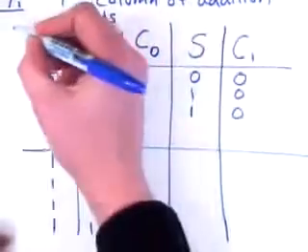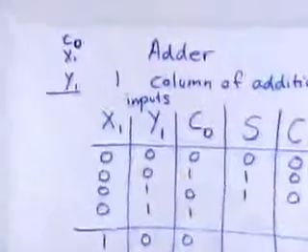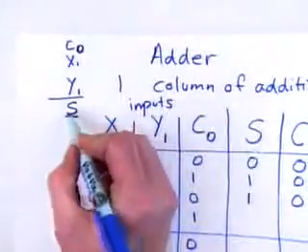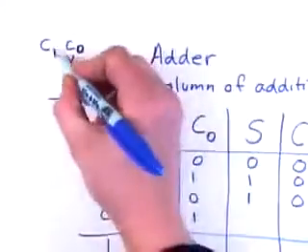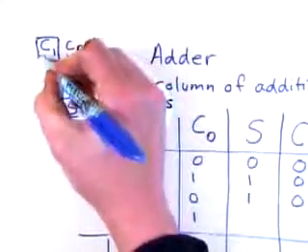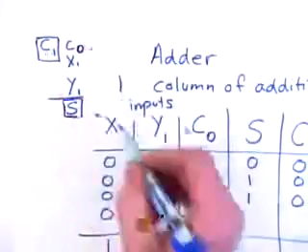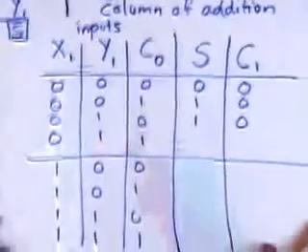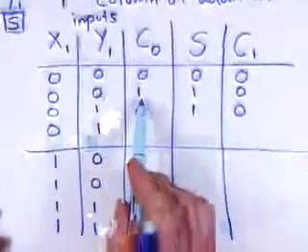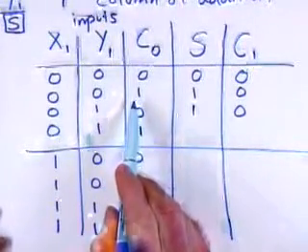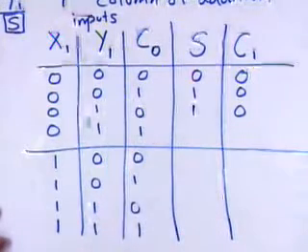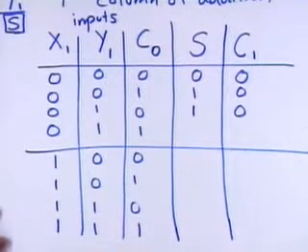If I'm doing this addition right here, this digit is the S, and this is the carry. So these are my outputs. So you're just reading across. Yes, I'm reading my values for X, Y, and C0, pretending I'm plugging them into a column of addition, and the digit that comes out would be S, and I would have to carry C1.